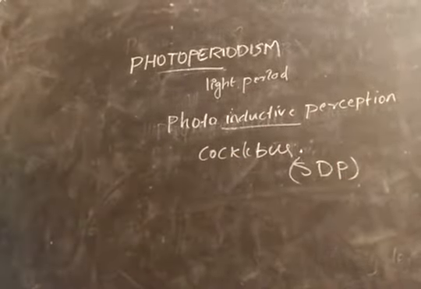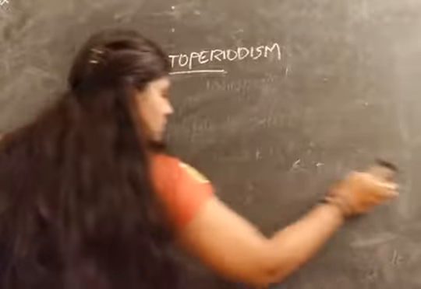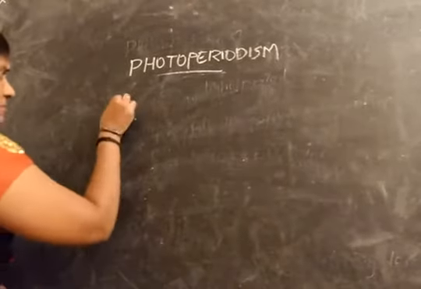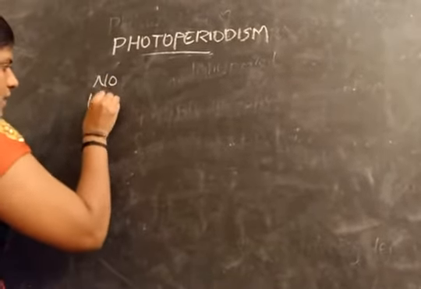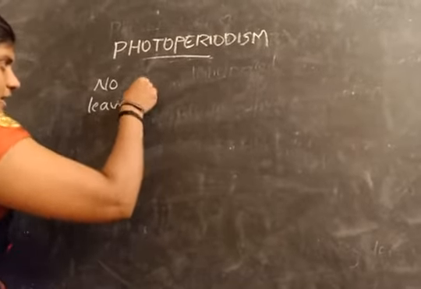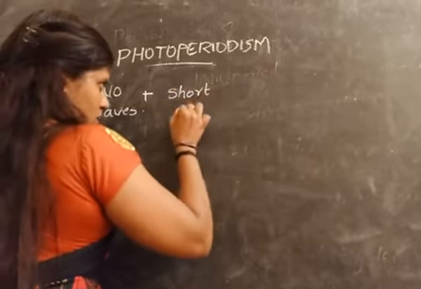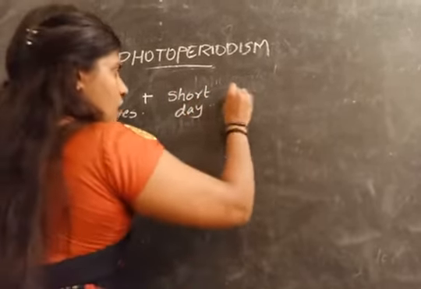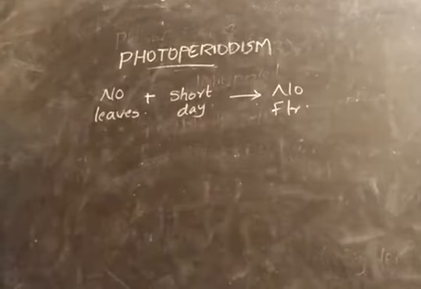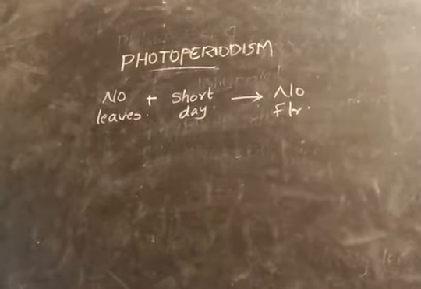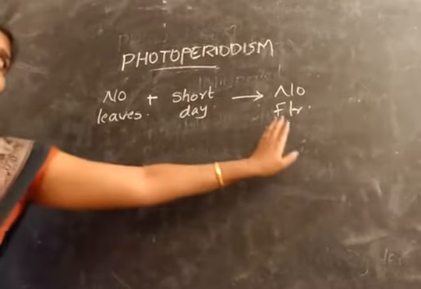What they did in this experiment is they defoliated the plant, that is, no leaves, and placed the plant in short day condition. The result is no flower.